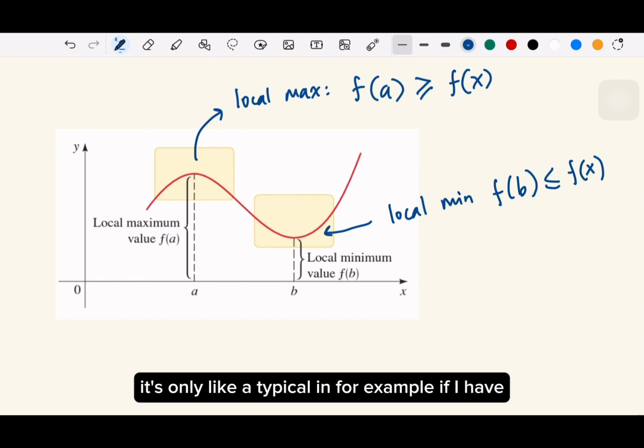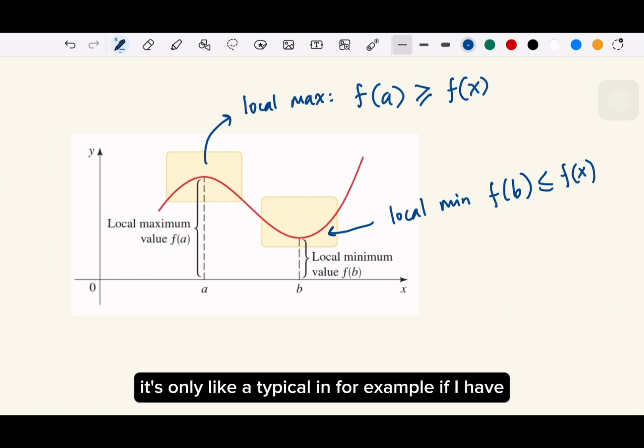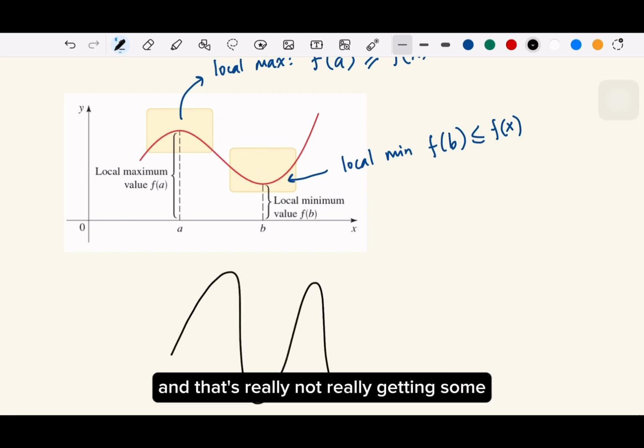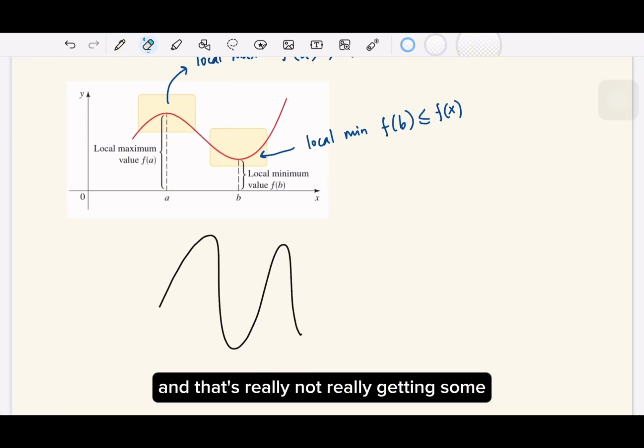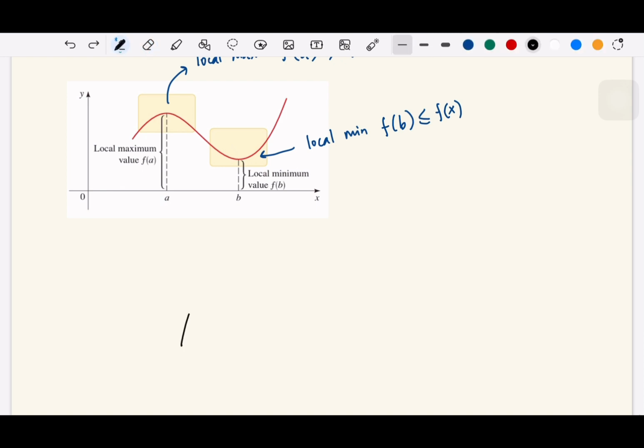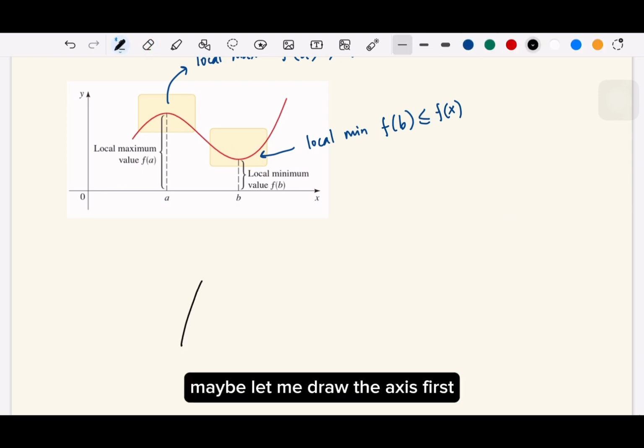It's only typical, for example, if I have a graph like this, but maybe let me draw the axis first.